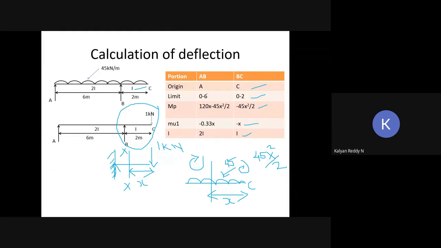While integrating, we multiply that and we get the value.